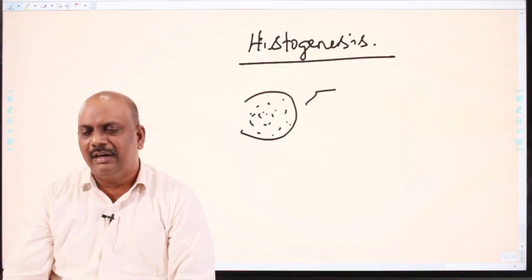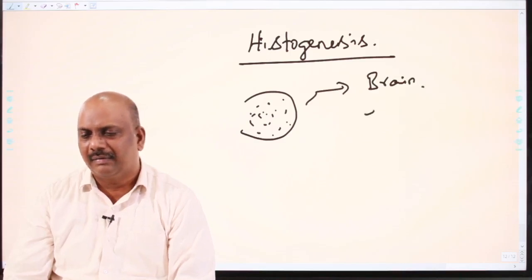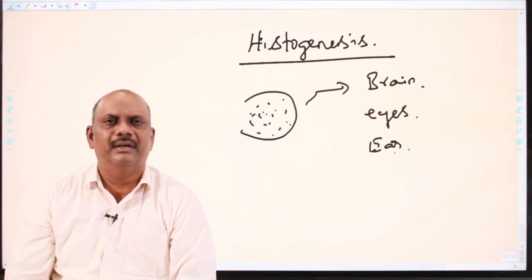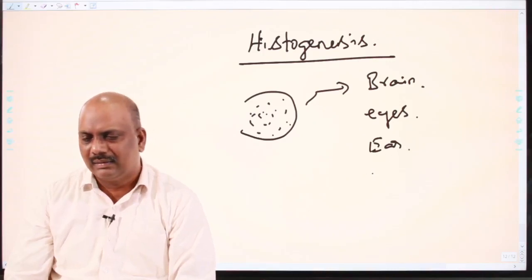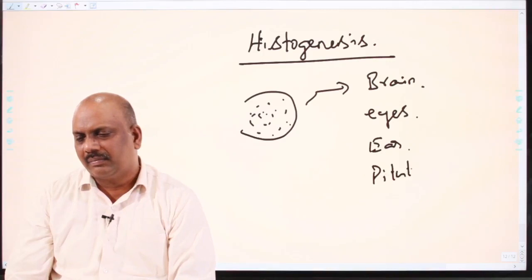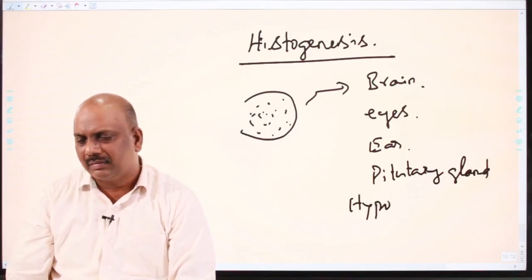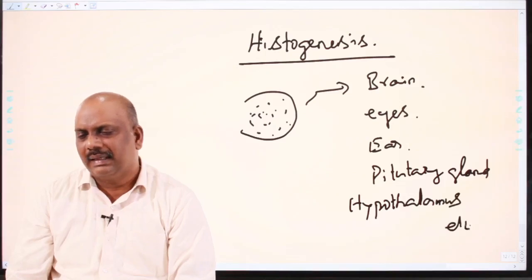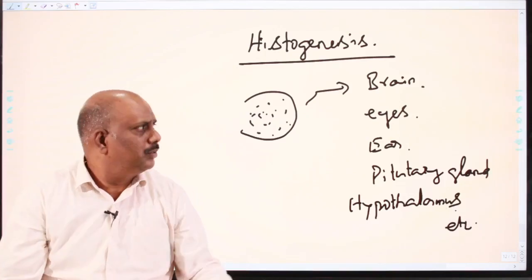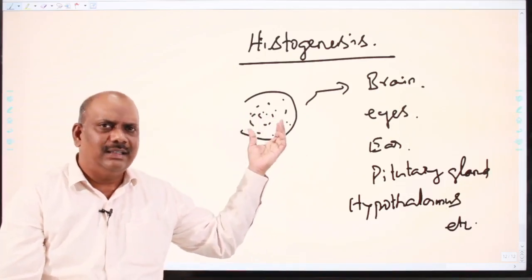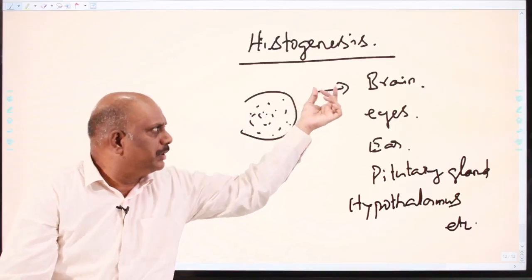These cells will divide to form a brain, eyes, pituitary gland, the hypothalamus, etc. So that one single mass of cells further divides and differentiates to form specific tissues.